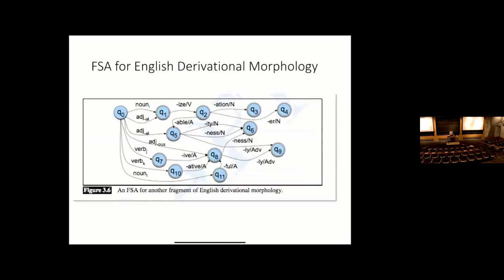So here's an FSA for derivational morphology in English. All this can do is tell you whether a word is a good word or not. And it's very simplified. This is from your textbook, and when they did this, they took a bunch of transitions for nouns and indicated them as one transition.